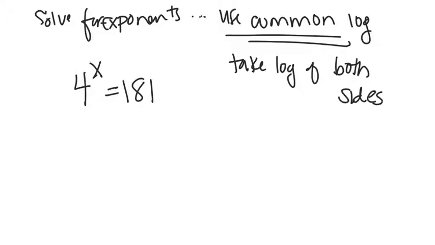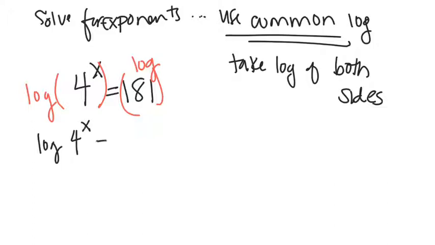I'm going to use it like an algebra move. So if I take the log of this side, then I also take the log of this side. And I'm just using log as in log base 10. So now what I have is log of 4 to the x power is the log of 181. And the nice thing is now, log of 181 is something that we can type in Desmos and get an answer to.